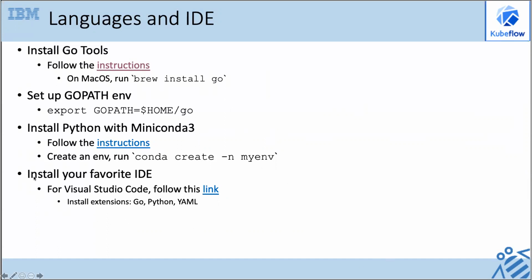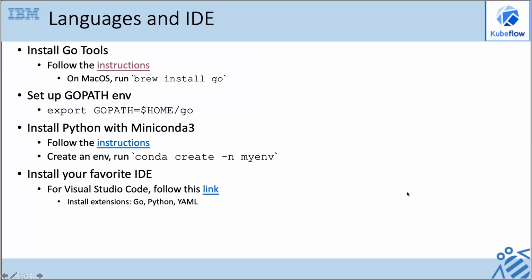And now, the final thing is to install your favorite IDE, right? As I said, there are many IDEs that you can use. For example, IntelliJ is most famous for Java, Scala, and so on, right? And PyCharm maybe for Python.